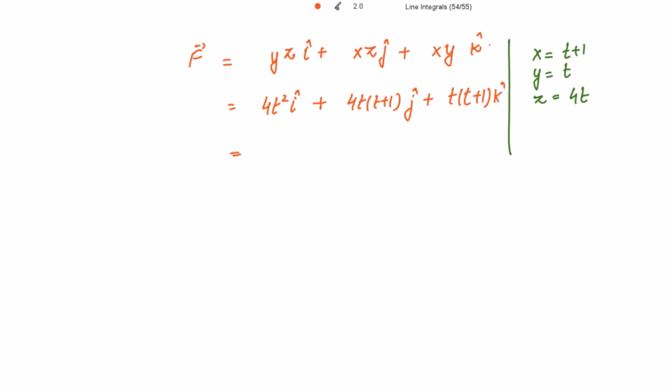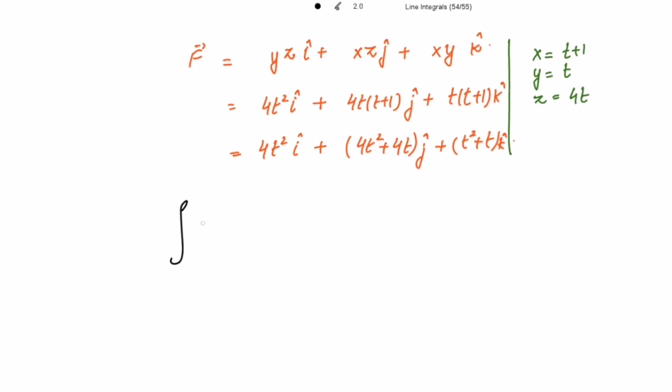Okay, I can write this further as 4t square i cap plus (4t square plus 4t) j cap and (t square plus t) k cap.